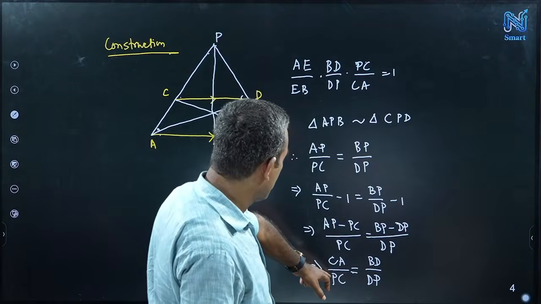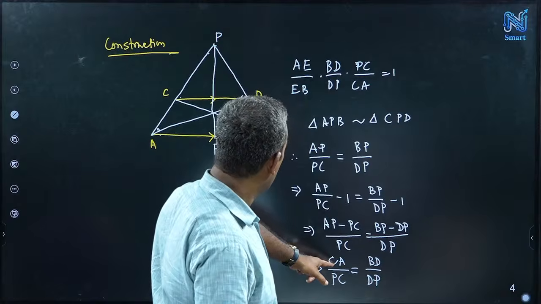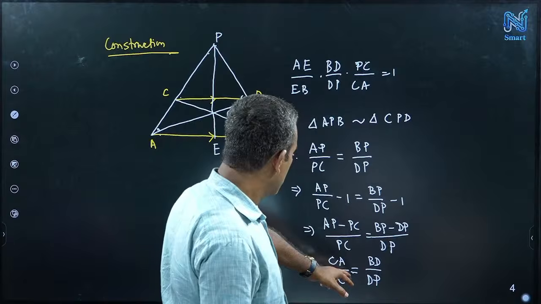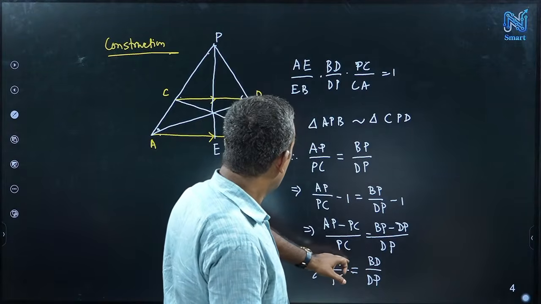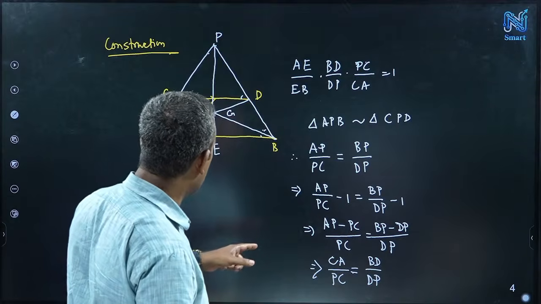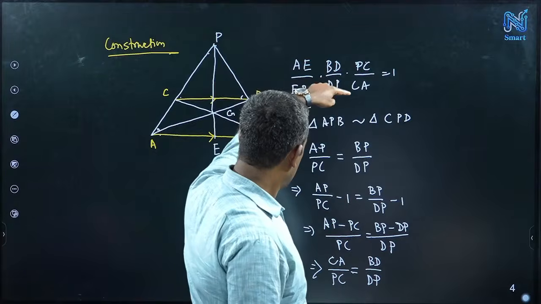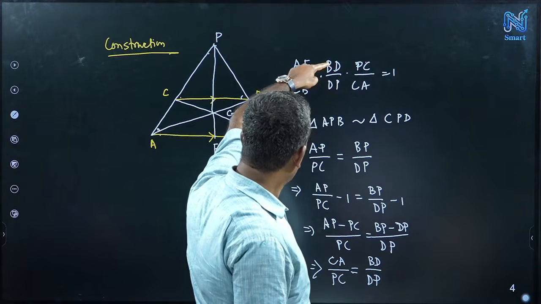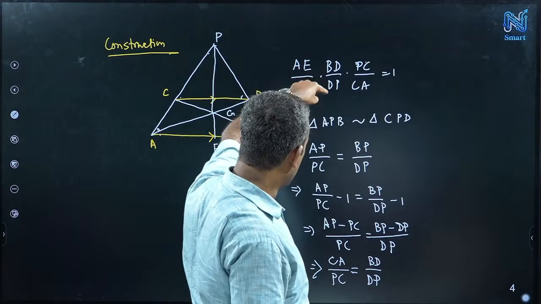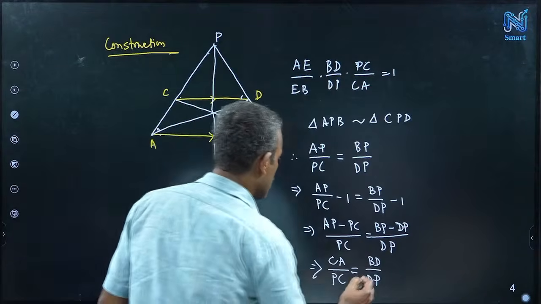So CA by PC and BD by DP are equal, so it cancels out and this product becomes 1.